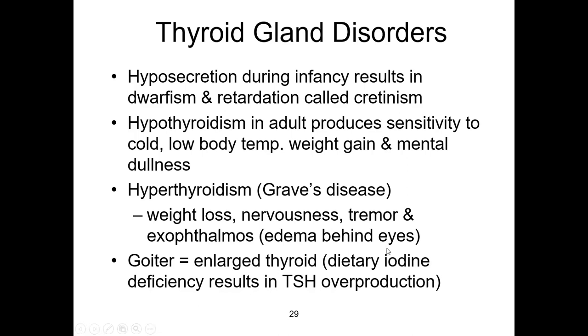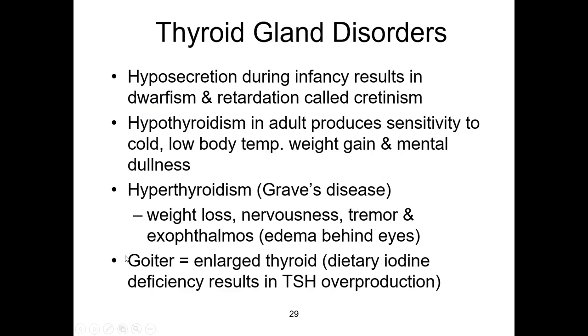So in a low iodine intake situation, the thyroid will be forced to expand. The thyroid will grow to the size of a walnut, to the size of a peach, to the size of an apple, and to the size of a cantaloupe.